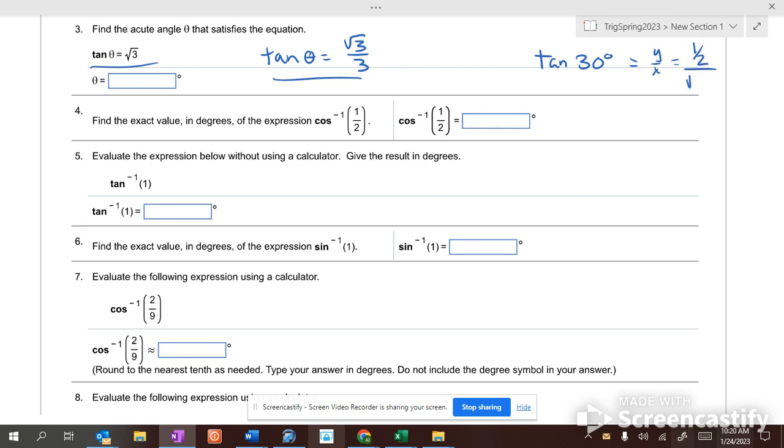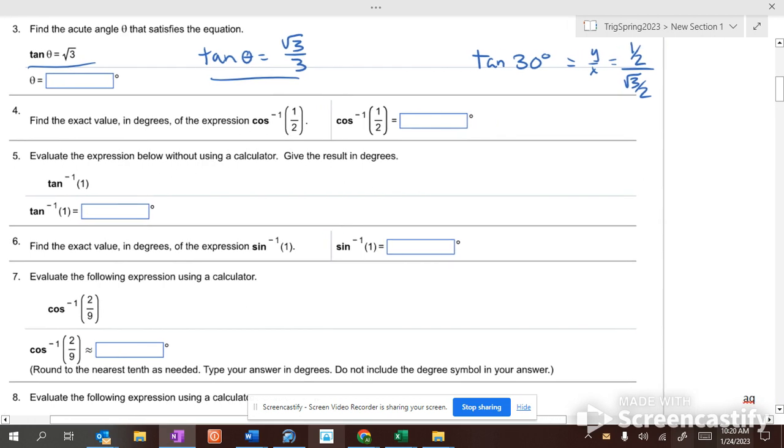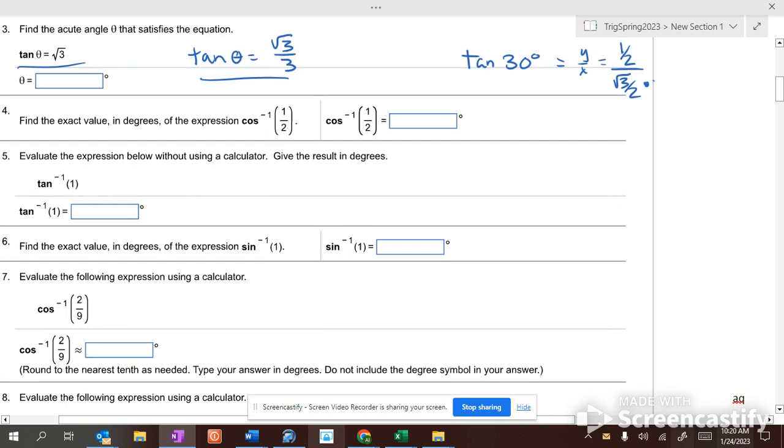And x? Notice both of these have a 2 in the denominator. So to get rid of the complex fraction, I multiply by the denominator of the denominator, which gives me 1 over square root of 3. I can't leave the square root of 3 in the denominator, so I multiply top and bottom by square root of 3, and I get square root of 3 over 3. So I know 30 degrees is square root of 3 over 3.